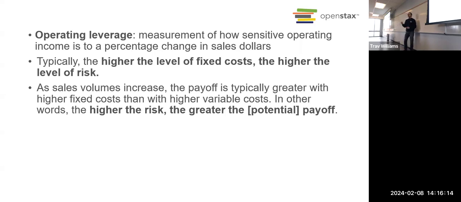So when you do that, it's risky because what if you don't sell enough to cover those higher fixed costs? Then you're losing money. But the reason they do it is if they do cover those higher fixed costs, because their variable costs are lower, they're going to be that much more profitable for everything they sell past the break-even point. That's called operating leverage.